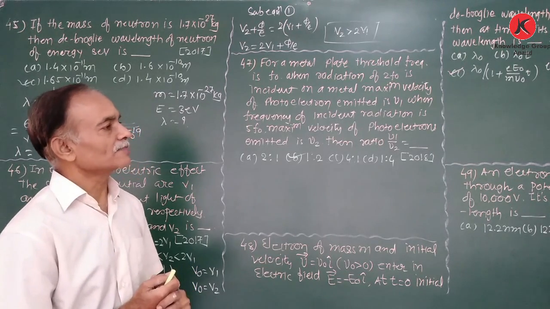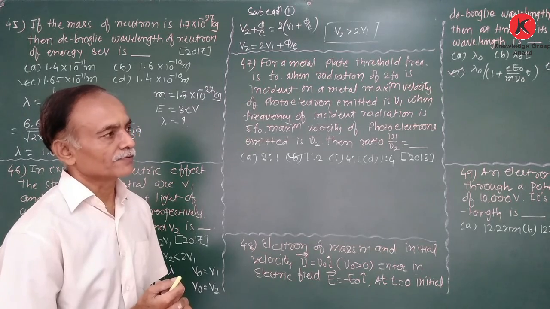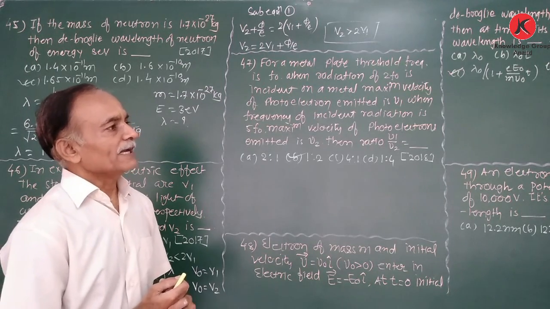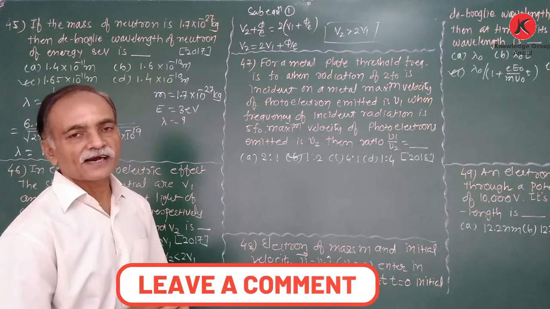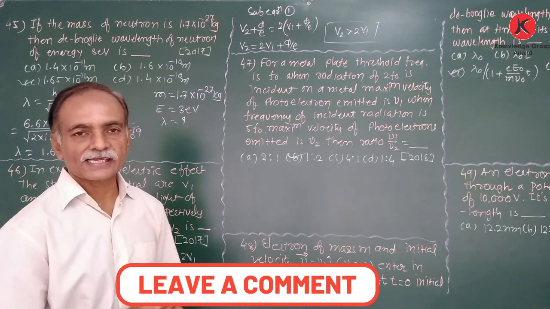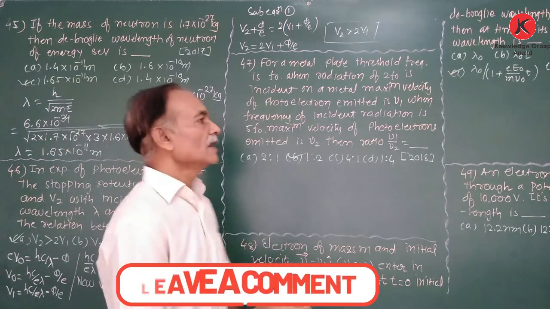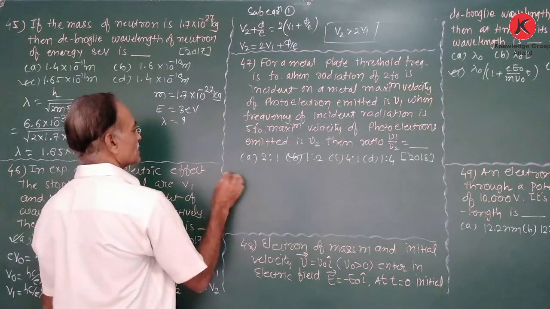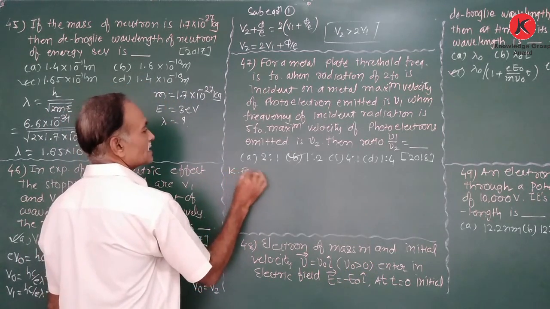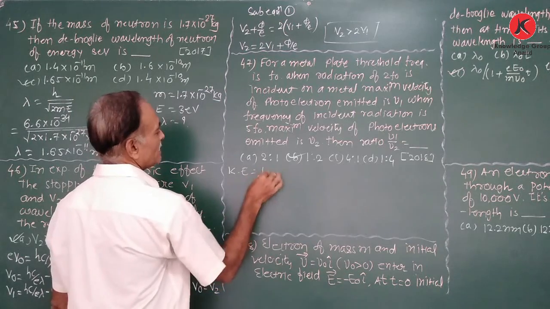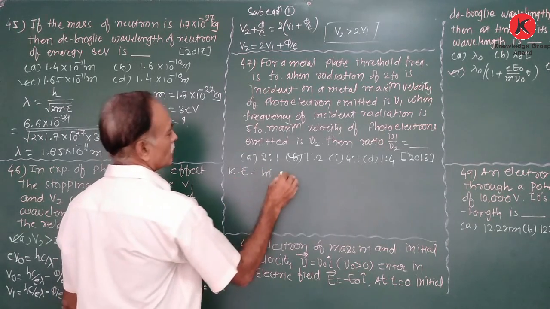What is the ratio of v1 upon v2? For that purpose, we use Einstein's photoelectric equation: the maximum kinetic energy is equal to hf minus hf0, or phi.